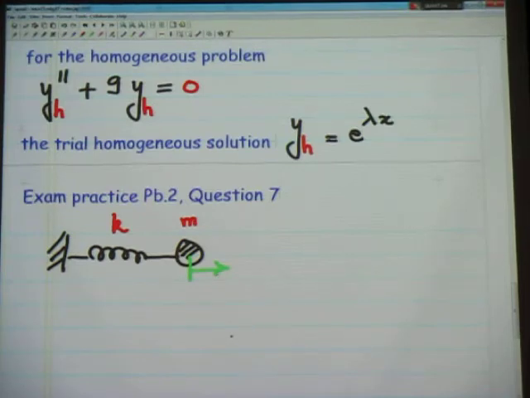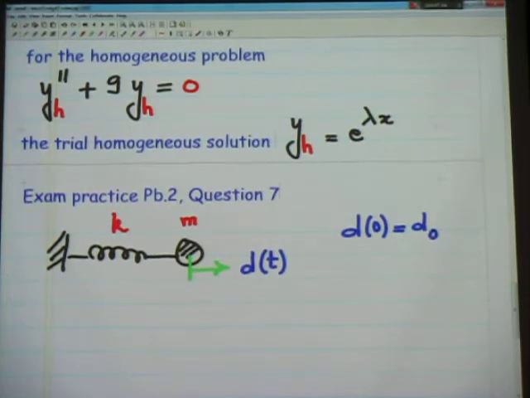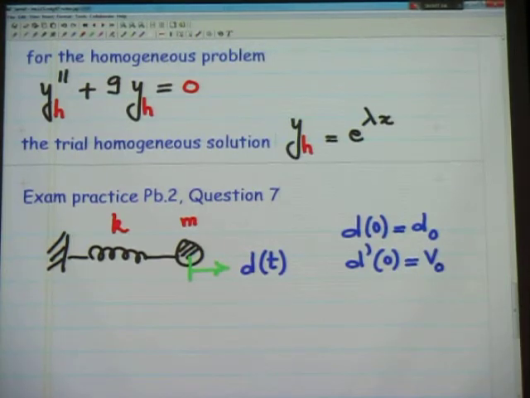In fact, this is a particular case. You can think of the displacement as d, and this is free vibration. You have the initial conditions d at 0 equal to d sub 0, and d prime at 0 equal to v sub 0, the initial velocity and initial displacement.